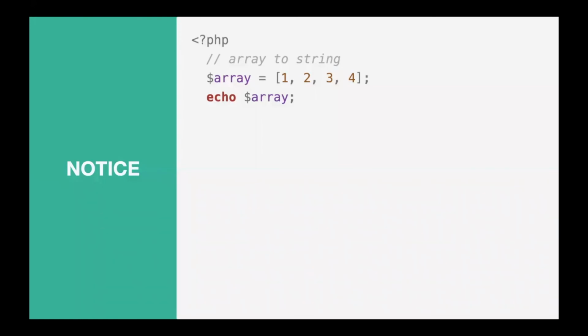So instead of using echo, we want to make sure we use print_r, or you can use var_dump as well. Both of those will output an array for us, but we cannot use the echo statement. Right? And again, that will create a notice. And again, notices aren't errors per se because the program won't halt, it will continue, but it is to let you know that you're doing something wrong.